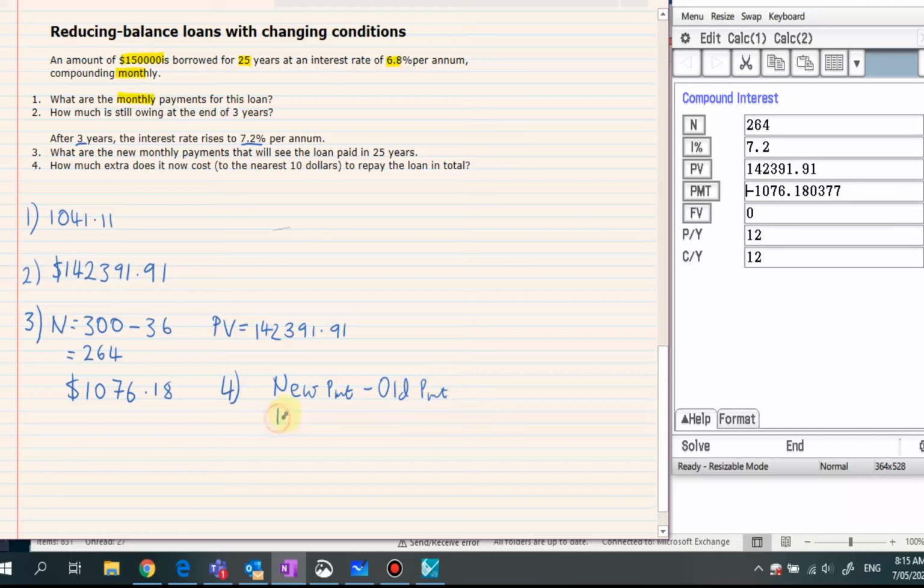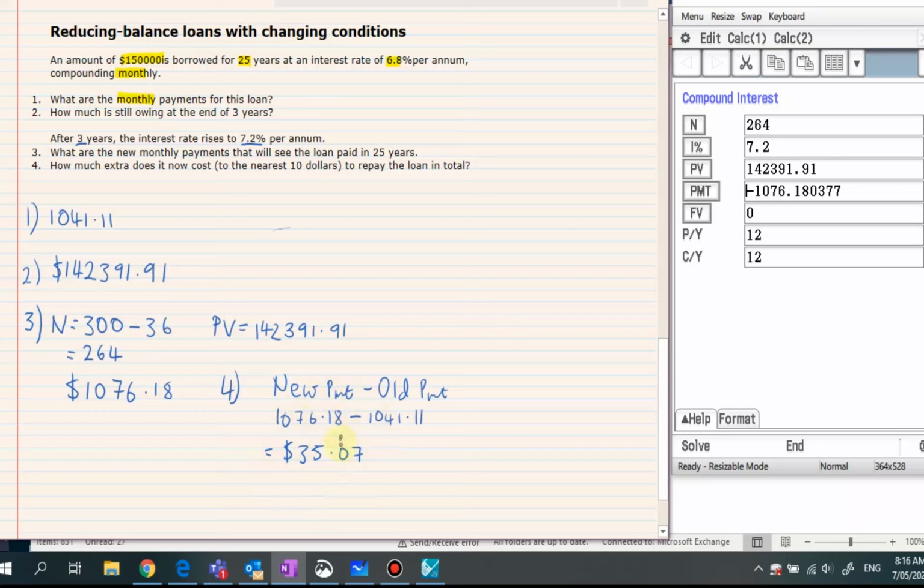So 1,076.18, take 1,041.11. Okay, that all comes to $35 and 7 cents.